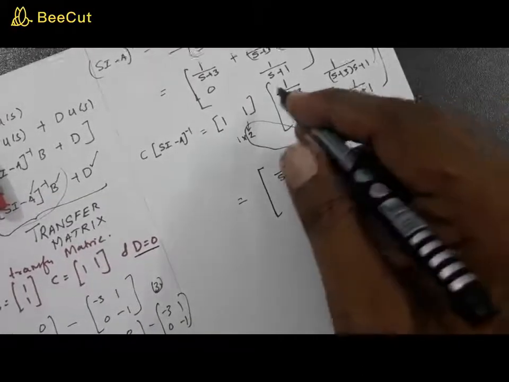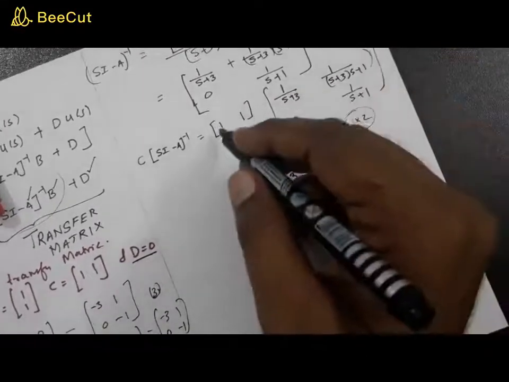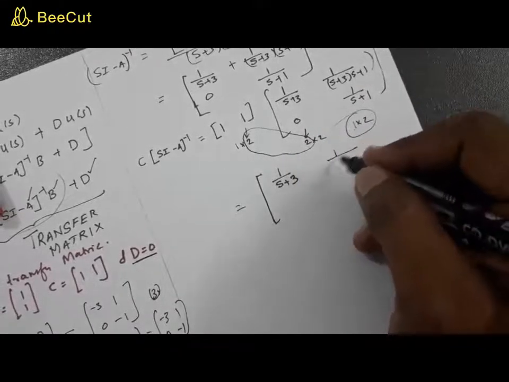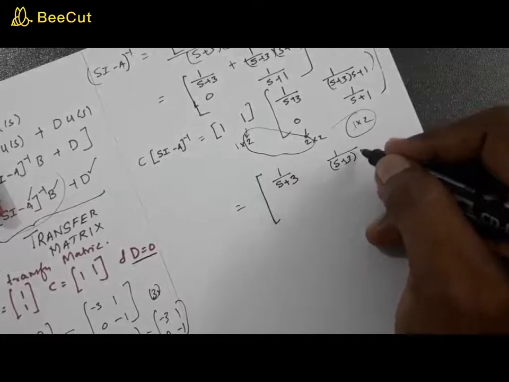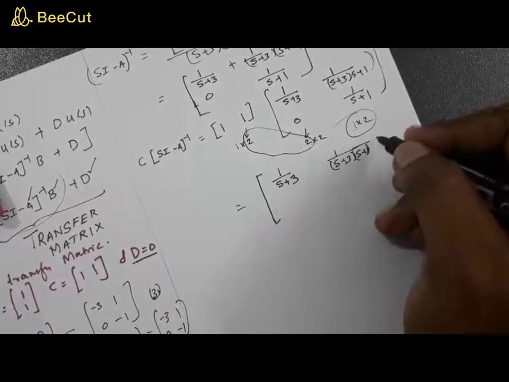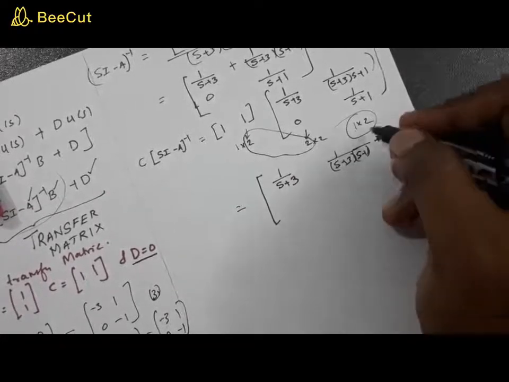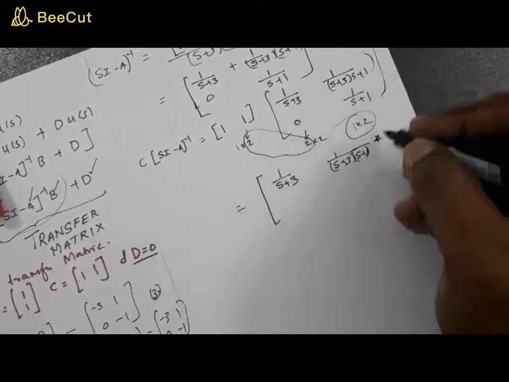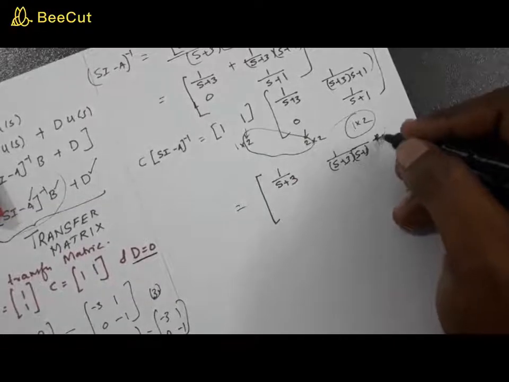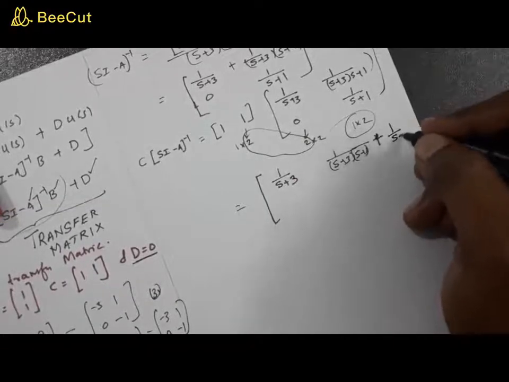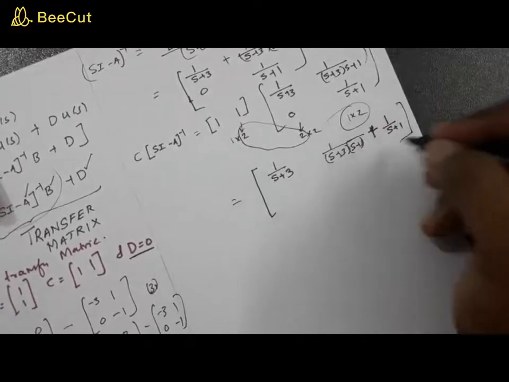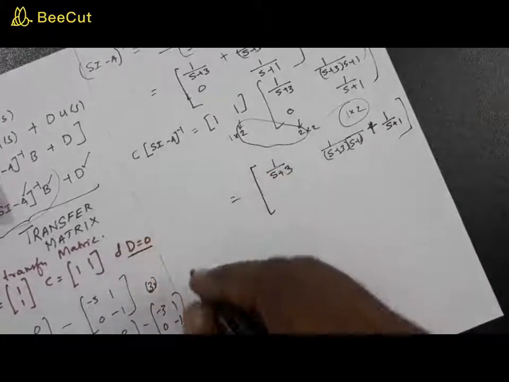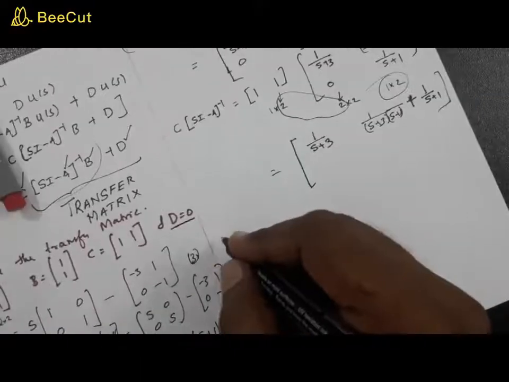The second element will be 1 by S plus 3 into S plus 1, plus 1 into 1 by S plus 1. Okay, now this is your C into SI minus A inverse.